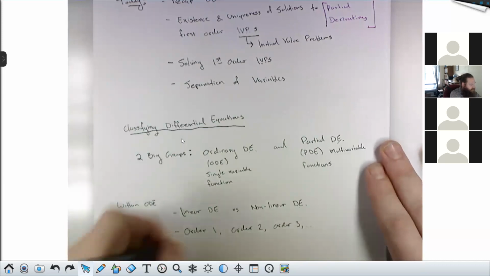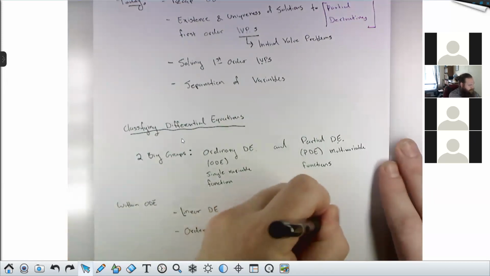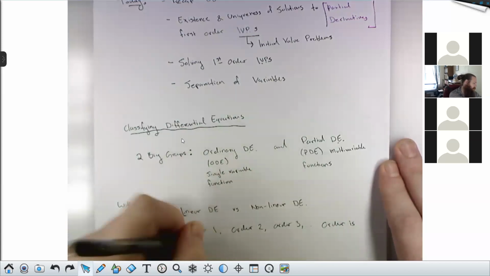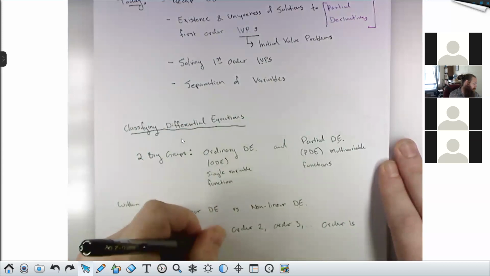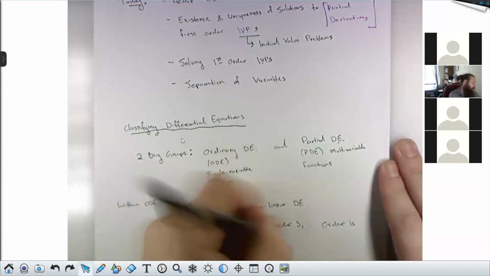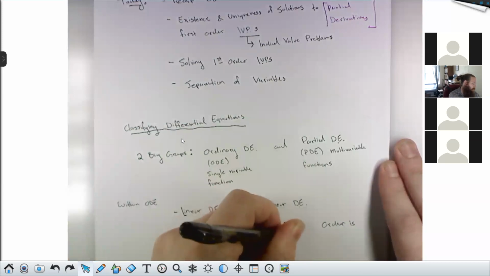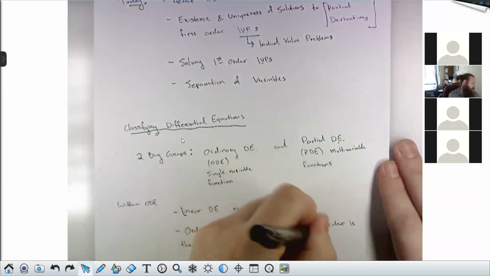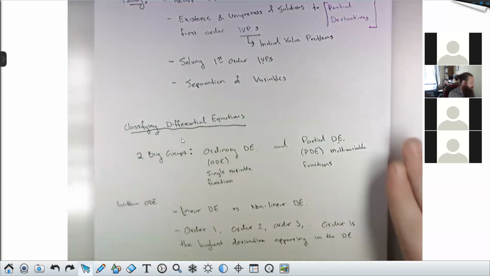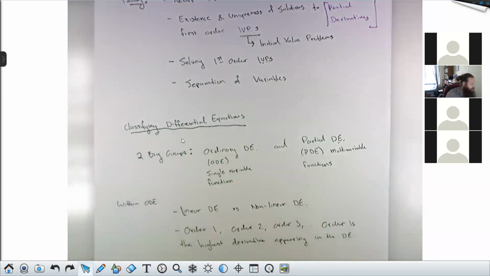This is just the highest derivative appearing in the differential equation. And those were the classification schema that we talked about last time.